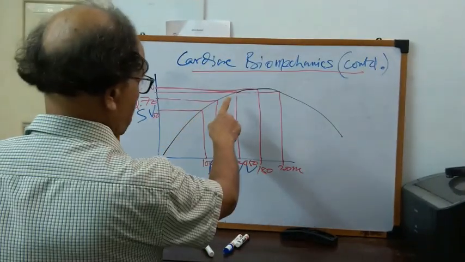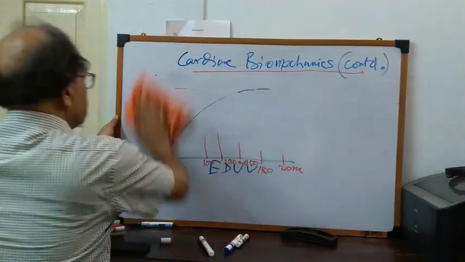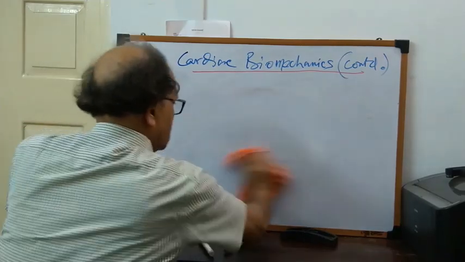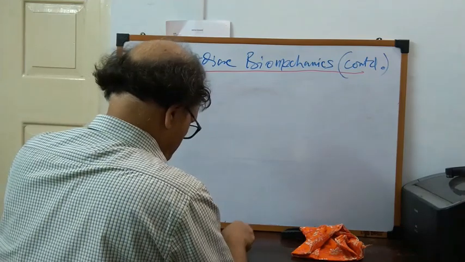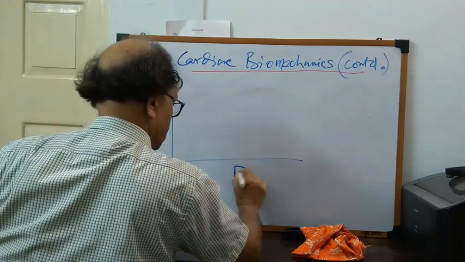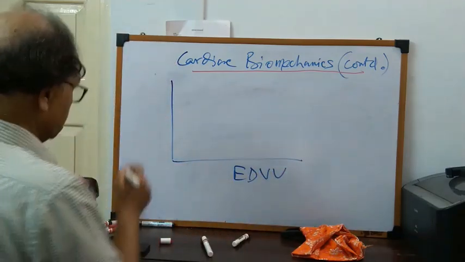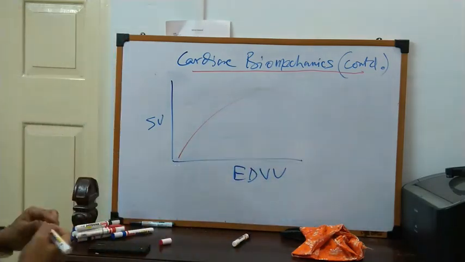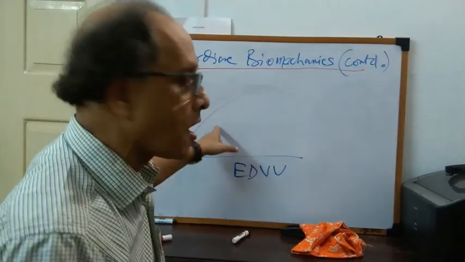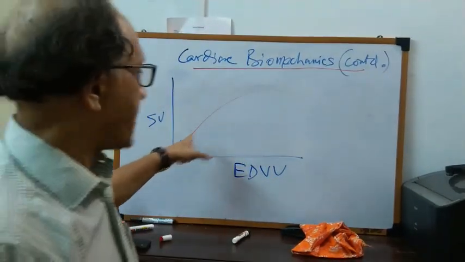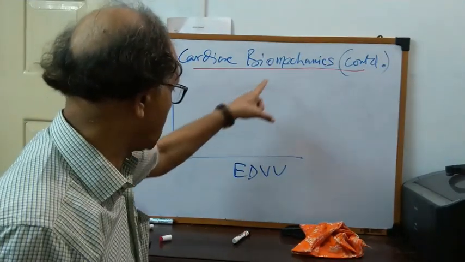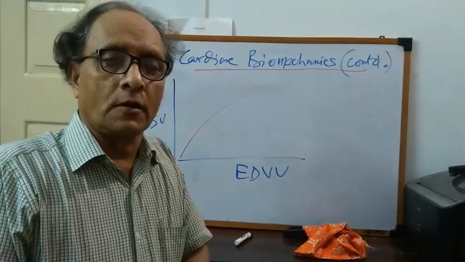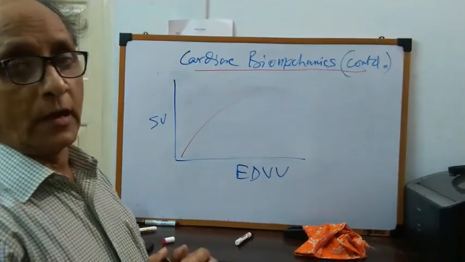This is the importance of Starling's law and understanding of the Starling's law. So as per Starling's law, if we rewrite again, this is the Starling curve or ventricular systolic function curve, and as per Starling's law, within physiological limit, the energy of contraction is directly proportional to the resting length of the cardiac muscle fiber, and it is probably understood by this time.